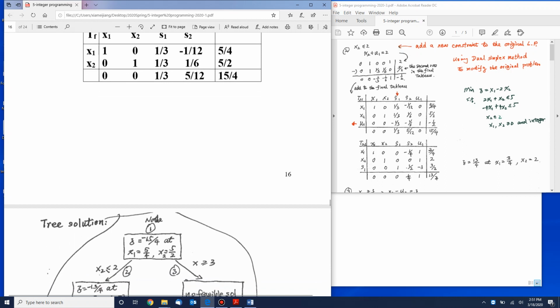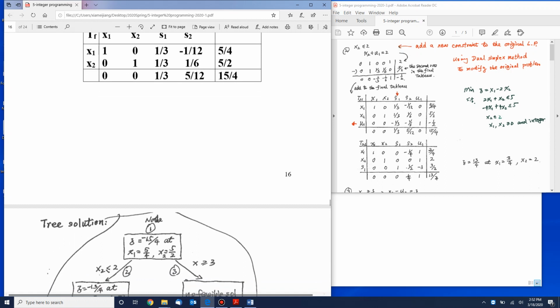The first branch is x2 less than or equal to 2, and the second one is x2 greater than or equal to 3. Two is the largest integer less than or equal to 5/2, and 3 is the smallest integer greater than or equal to 5/2.